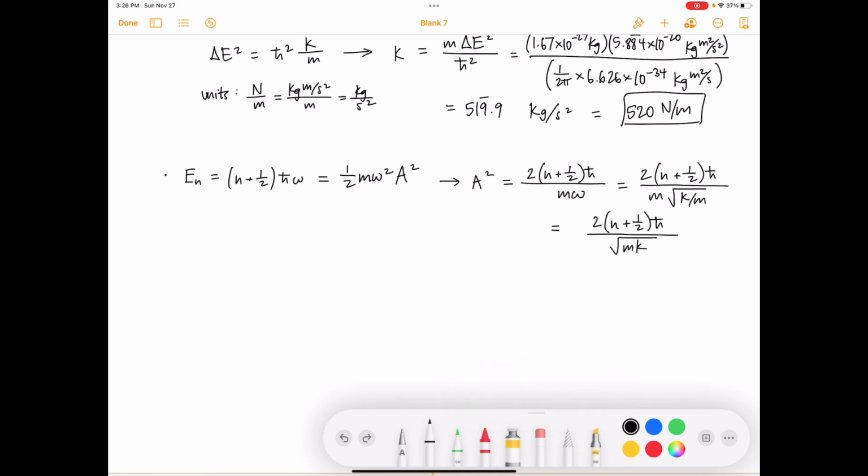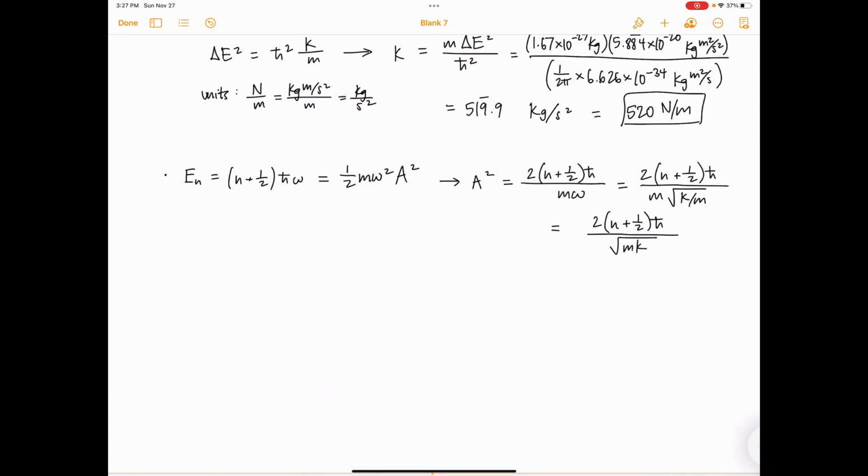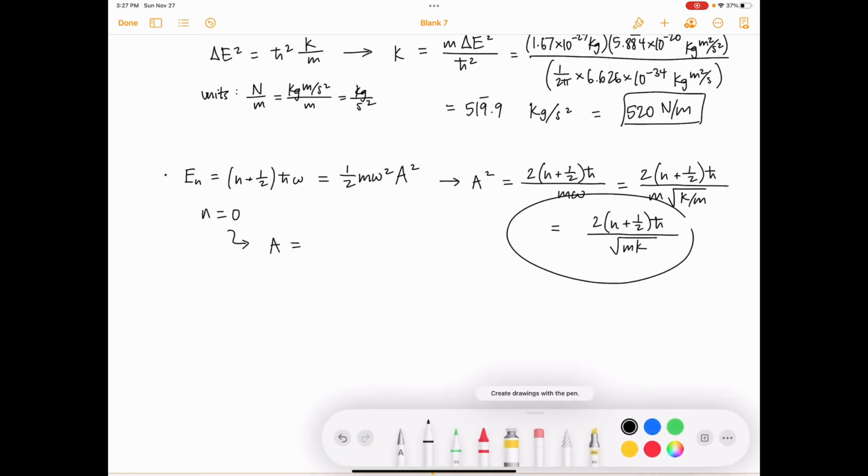All right, so those are all numbers that we can plug in because we know m and we know k. We just found that. And we can plug in different n values for the different energy levels. So here's what it works out for the n equals 0 case. A equals, we have to take the square root of this expression because we solved for A squared.